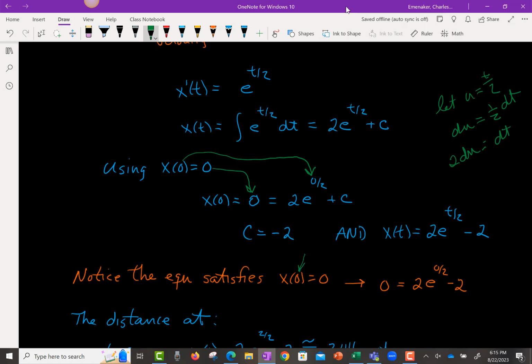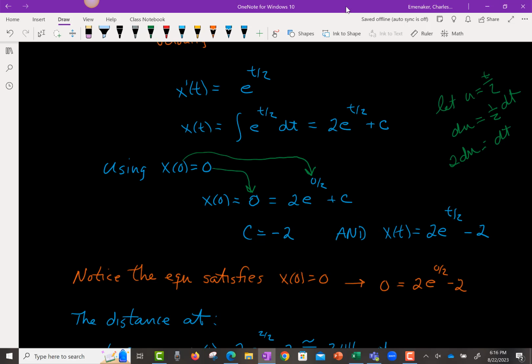So I'm going to substitute a 0 in here, and the value that comes out should be 0. What I have now with 0 substituted in for t is 2 times e to the 0 over 2 minus 2. This really works out to be 2 minus 2, which just like back in first grade equals 0.